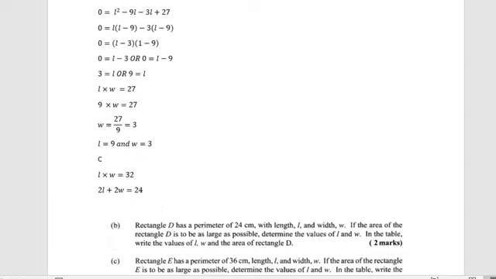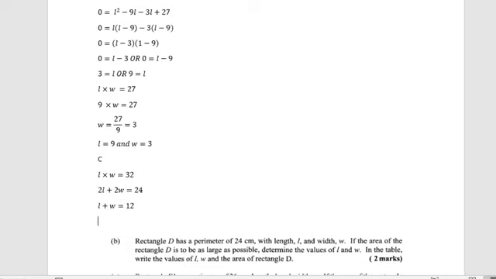Once again, we're dividing our equation 2 by 2 to simplify it, and what we'll get is length plus width is equal to 12. So we're dividing straight throughout by the number 2, and then we're going to make W the subject of the formula in order to substitute it into equation 1.